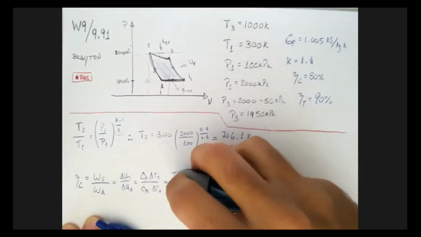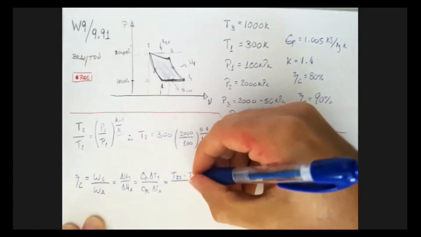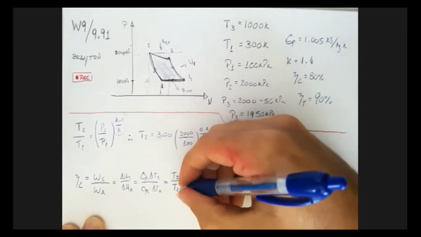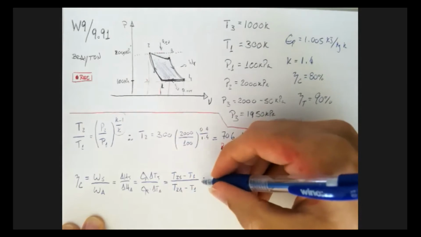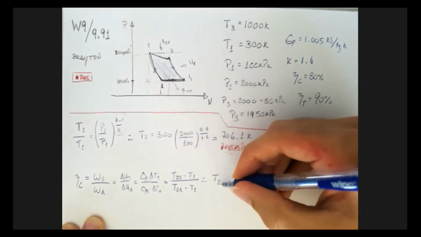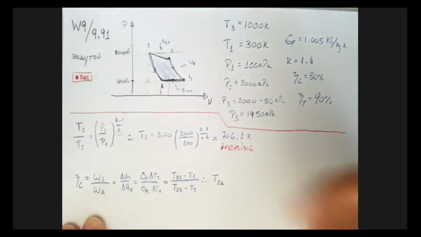T2S minus T1 over T2A minus T1. So therefore, my T2A, which is the only unknown that I have, and this has to be equal to 0.8, right? 80%.